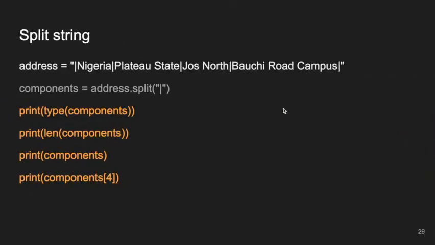Then we have this example here. When you split the string, address.split, there's this inbuilt function in Python that lets you get the type of a variable. If you want to know the type of component after doing this, just print type and then component. Type is an inbuilt Python function that lets you get the type of any variable.